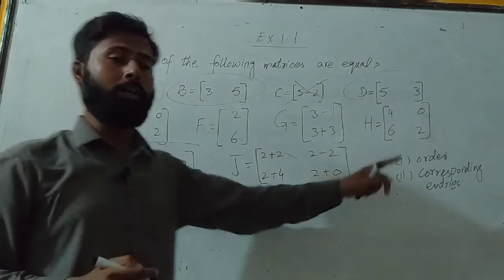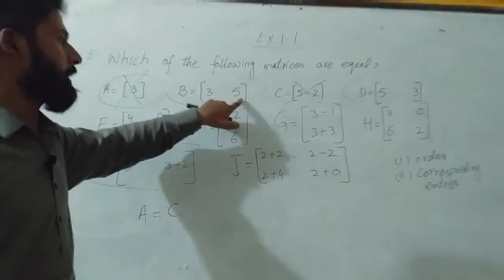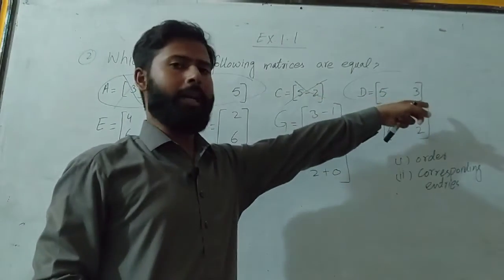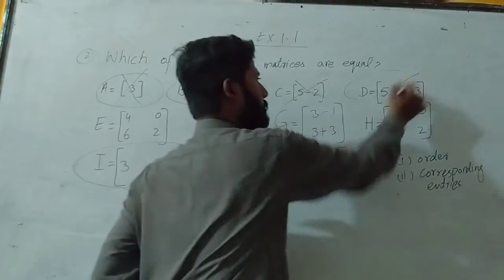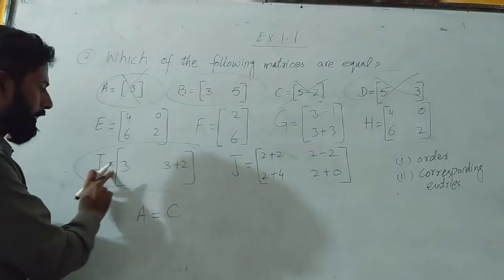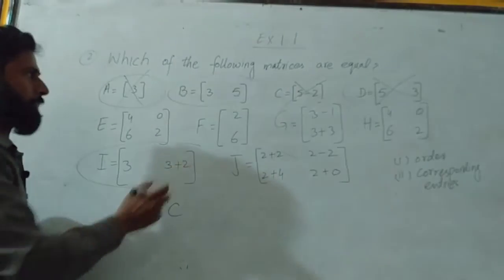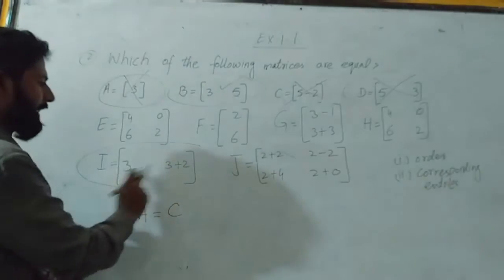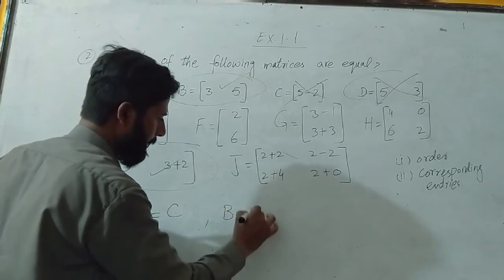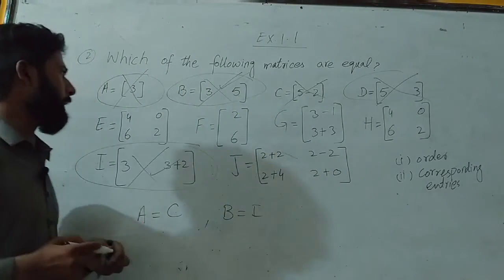Now we have to see corresponding entries. See, B's first entry is 3, second entry is 5, and in D the first entry is 5, second is 3. So it means it shouldn't be. Okay, let's check for I. The first entry is 3, the second entry is 3 plus 2, 5. So it means 3 5 and 3 5. B is equal to I. We have solved this, so ignore it.